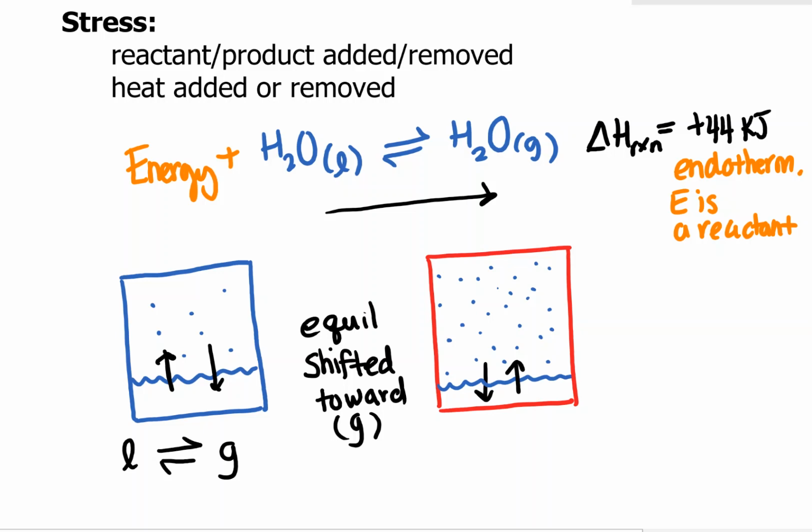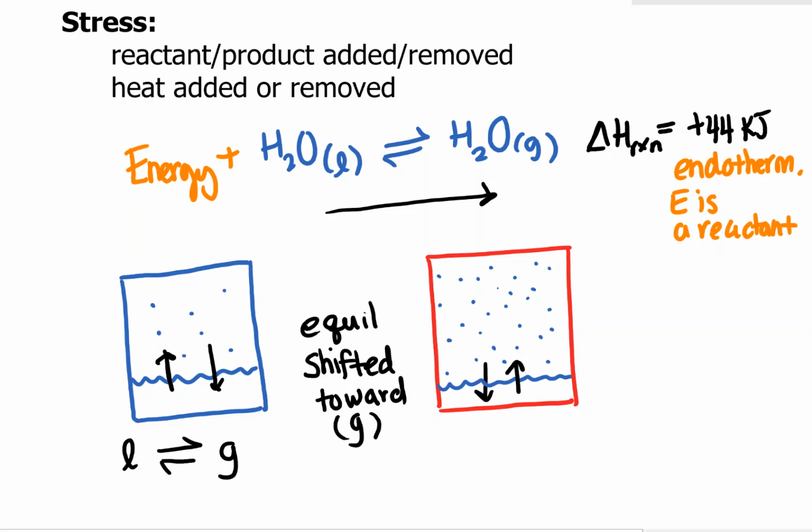And now we're going to apply Le Chatelier's principle. Le Chatelier's principle says that if you apply a stress to a system at equilibrium, the equilibrium will shift to undo that stress, to relieve that stress.